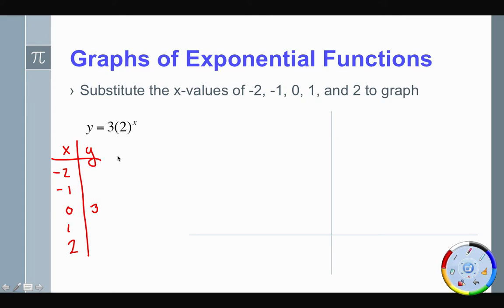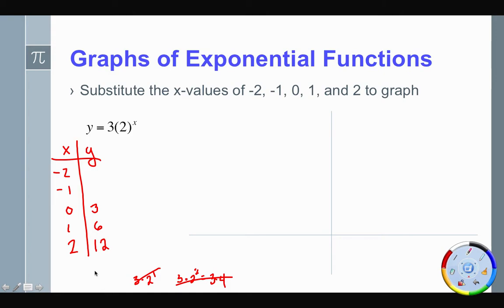If we plug in 1, I'm going to do some scratch work down here: 3 times 2 to the power of 1. Well, that is 3 times 2, so that's just 6. And when I plug in 2, I get 3 times 2 to the power of 2. 2 to the power of 2 is 4, so we get 3 times 4, which is 12.